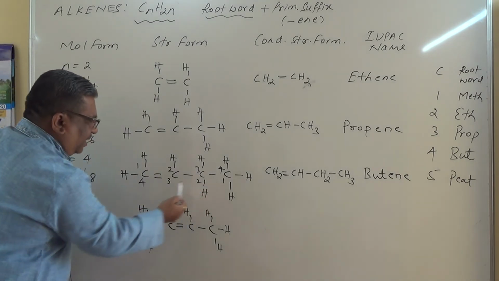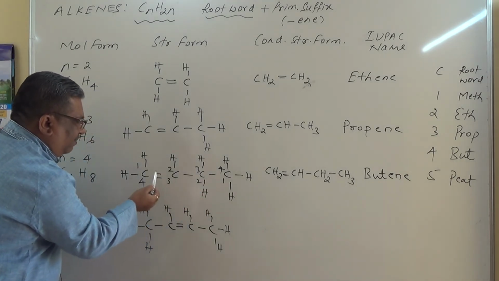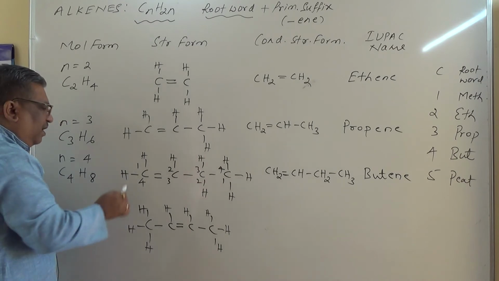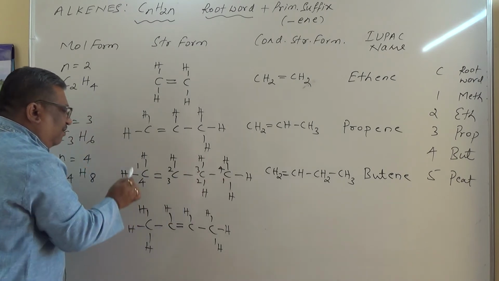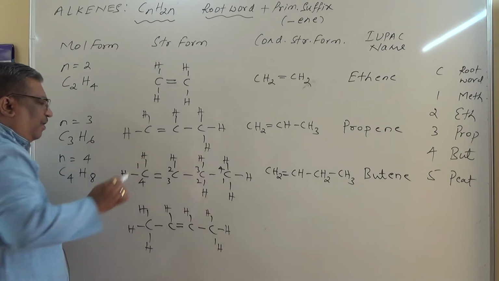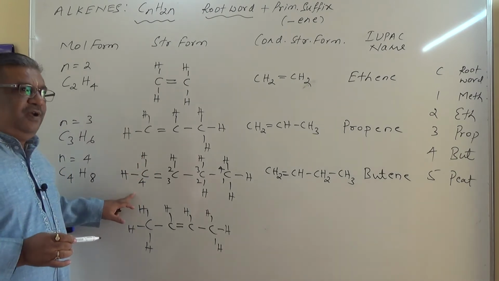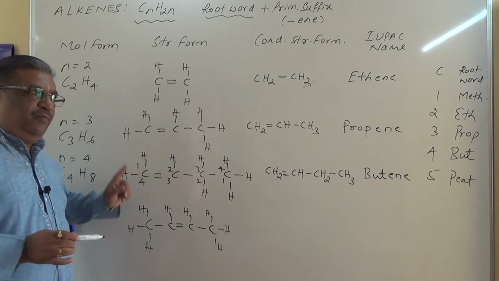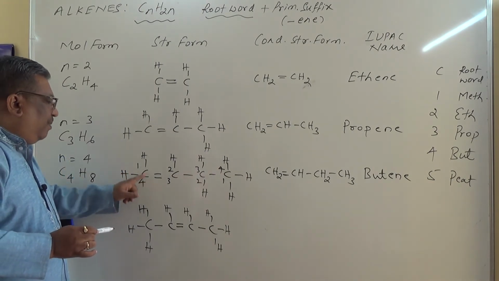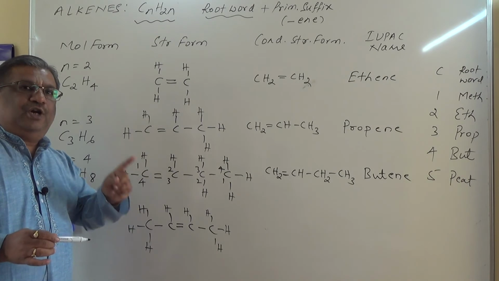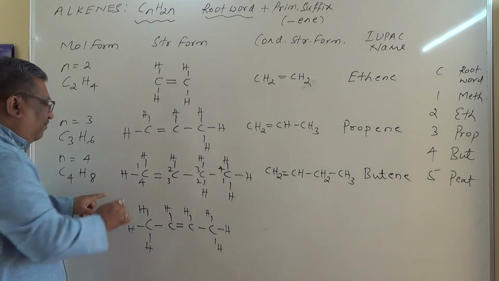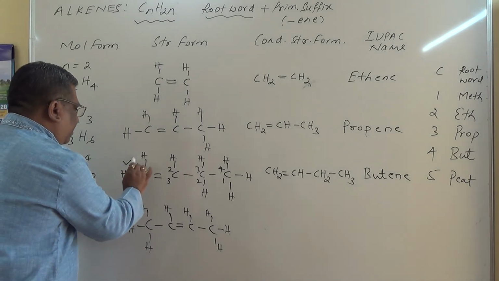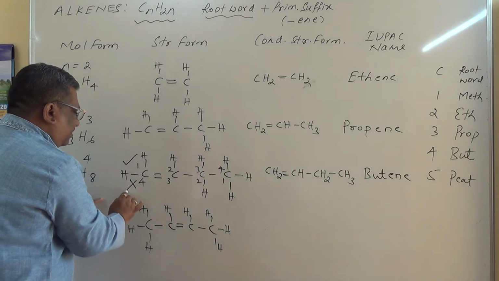If I come from this side, the double bond is attached to the third carbon atom. If I go from left to right, the double bond is attached to the first carbon atom. Therefore, the numbering of the parent chain is correct where the double bond carbon gets the least count, so my numbering system over here is correct and this numbering system is wrong.